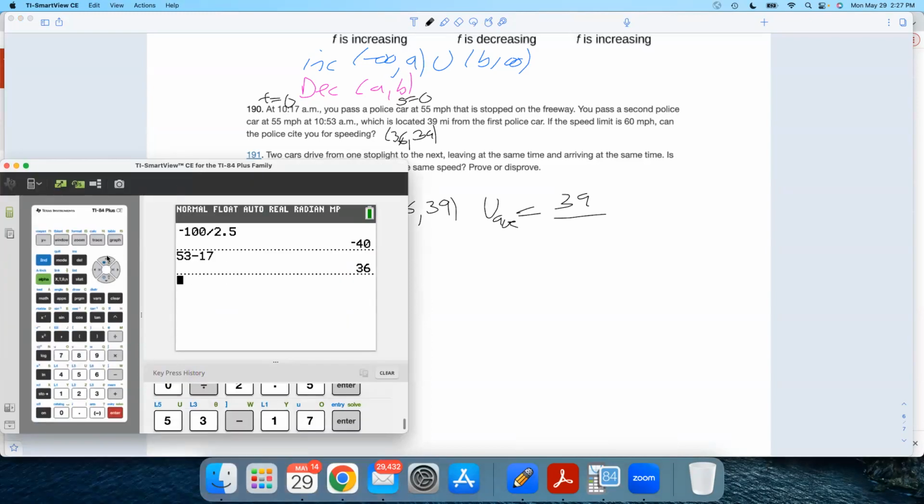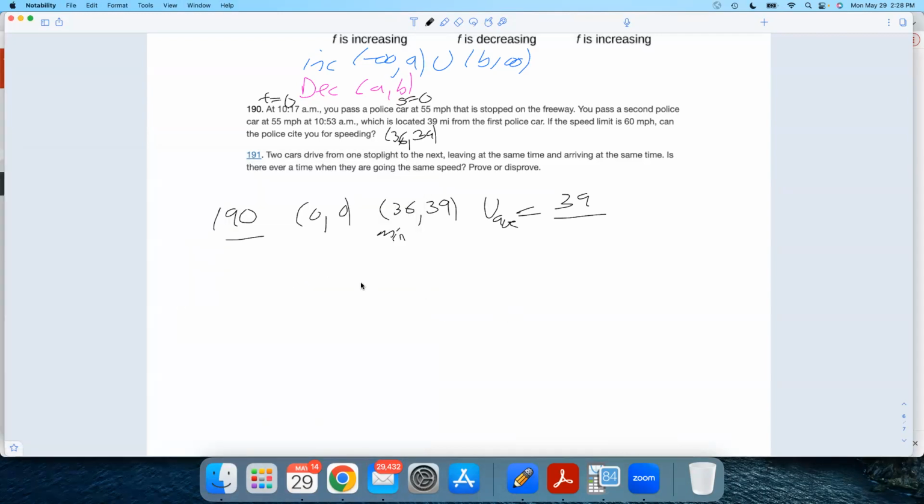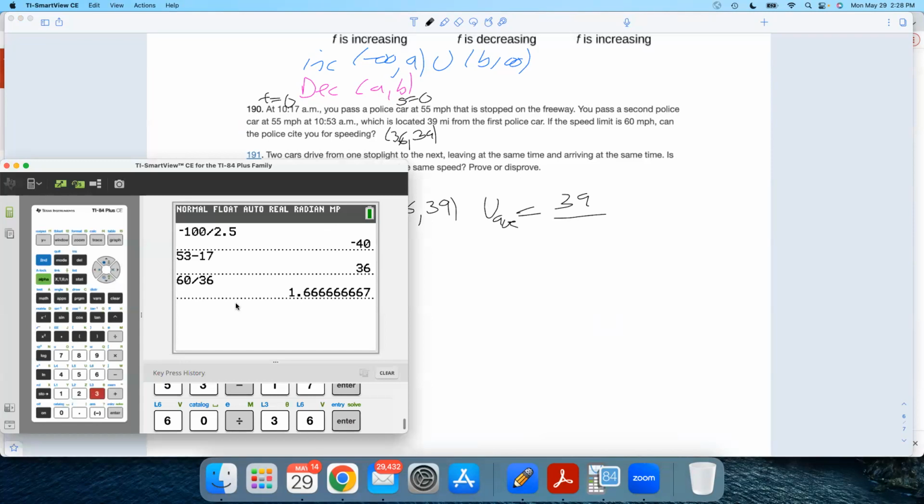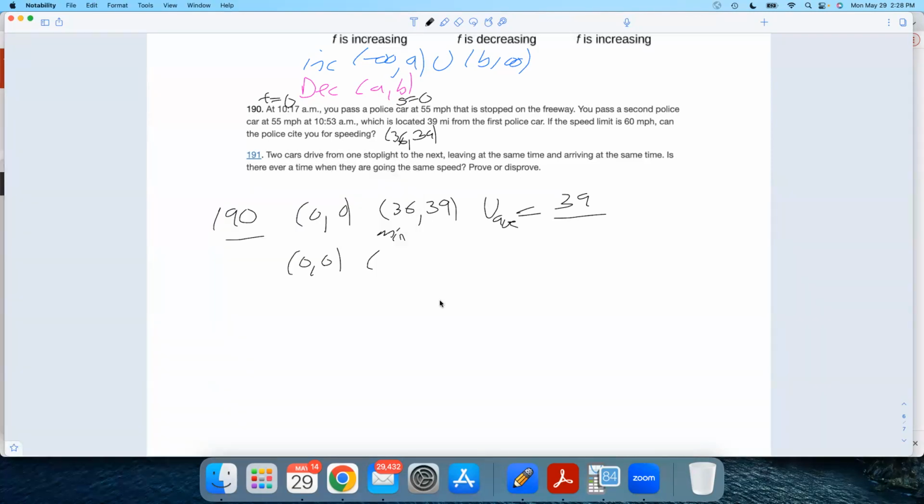So 60 divided by 36 would be 1.67 approximately hours. I did that backwards. I realized as soon as I wrote it. It's 36 divided by 60, 0.6 hours.